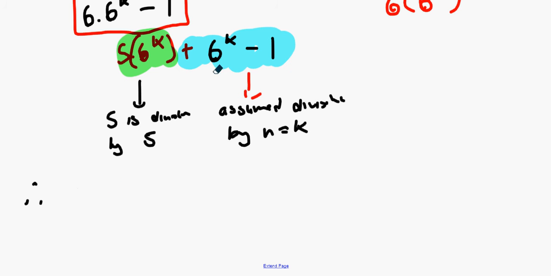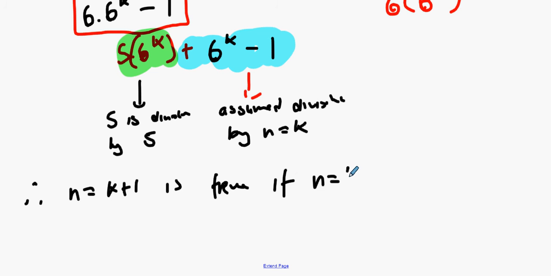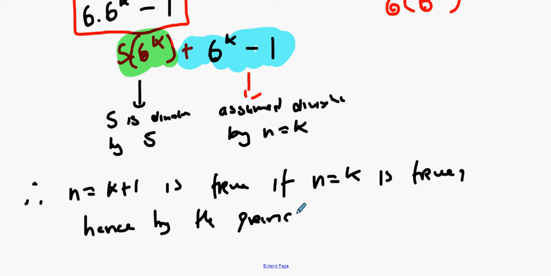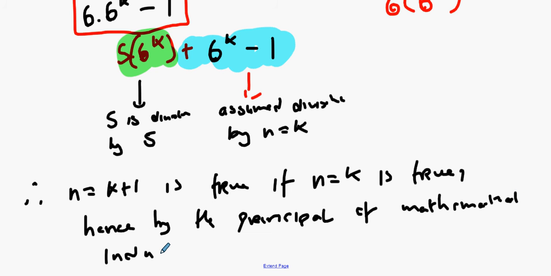I used to use P of k plus 1. Therefore, n equals k plus 1 is true if n equals k is true. Hence, by the principle of mathematical induction, it's true for all values of n.